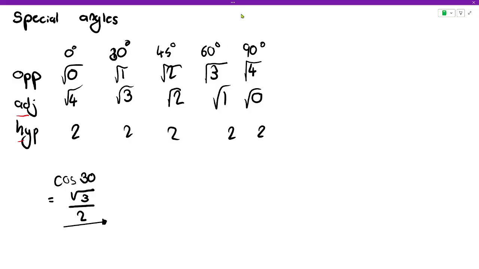Tan of 30 is a tricky one because according to your special angles table, tan is opposite over adjacent. So it's root 1 over root 3, which is just 1 over root 3.